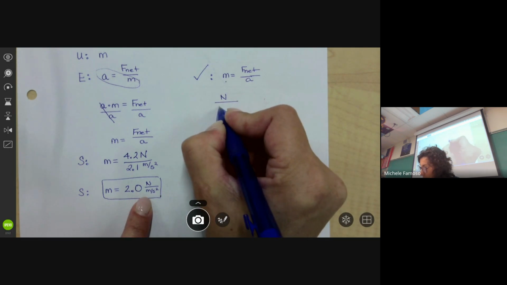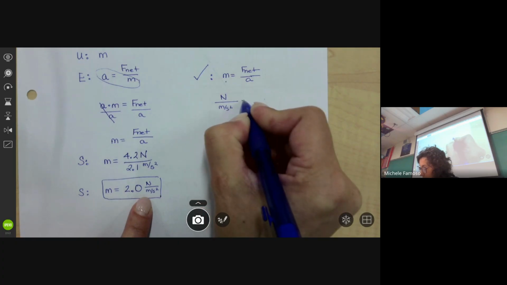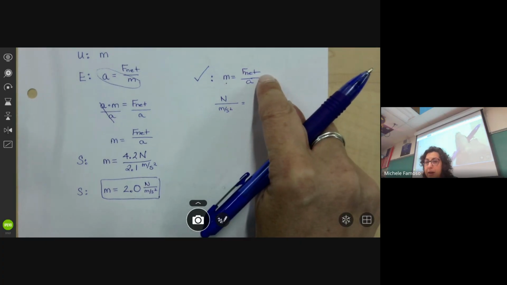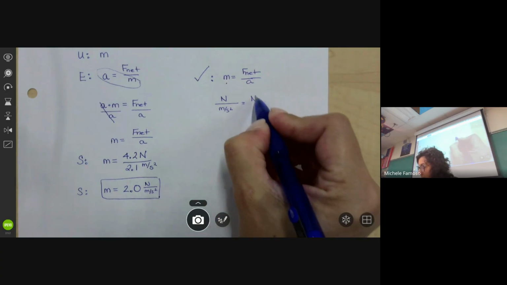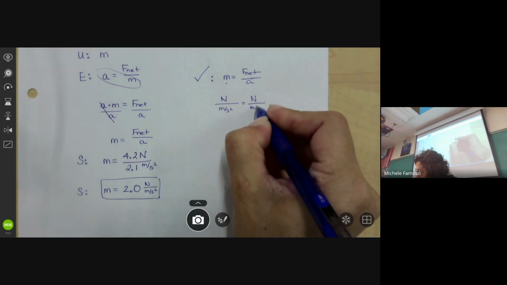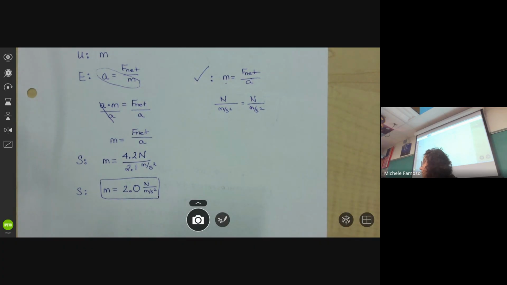N over m over s squared. What unit did we have on the variable for F net? Capital N. What unit did we have for the variable a? Okay, am I talking Russian? Thank you. What do you notice about the left and right side? So it's done.